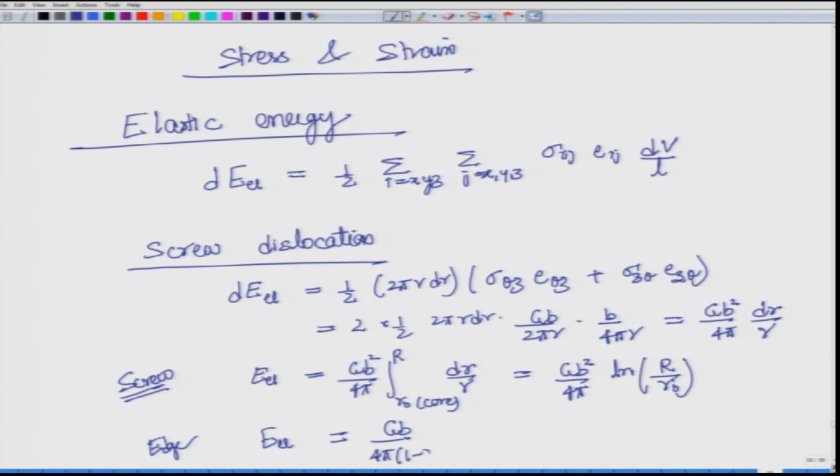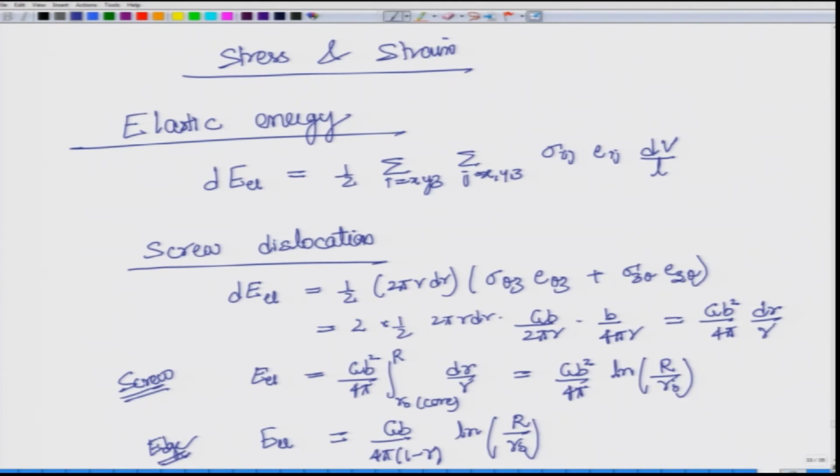We still retain this component 1 minus nu, and rest of the relation is exactly same. So, you can see that we have a relation for screw dislocation and edge dislocation, because we had the stress field and the strain field that we had obtained.